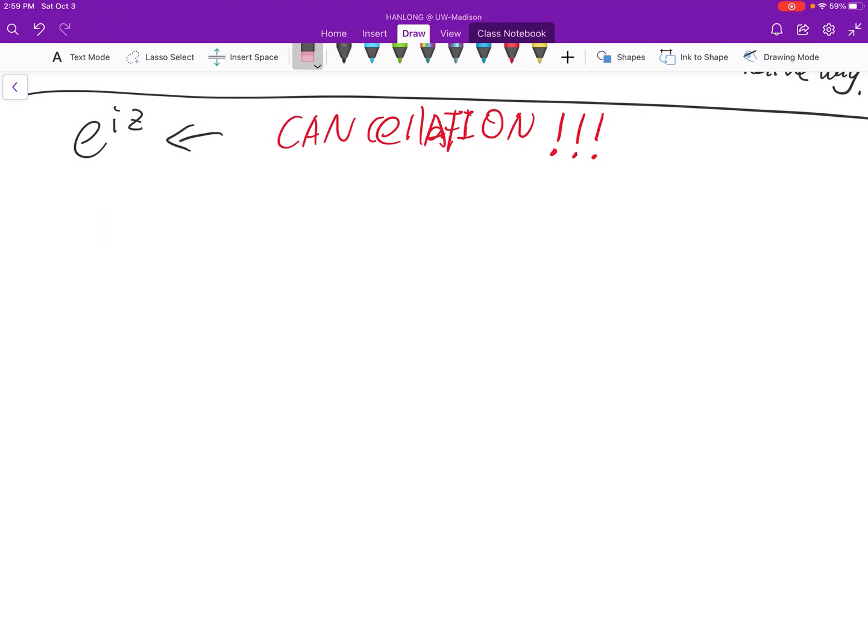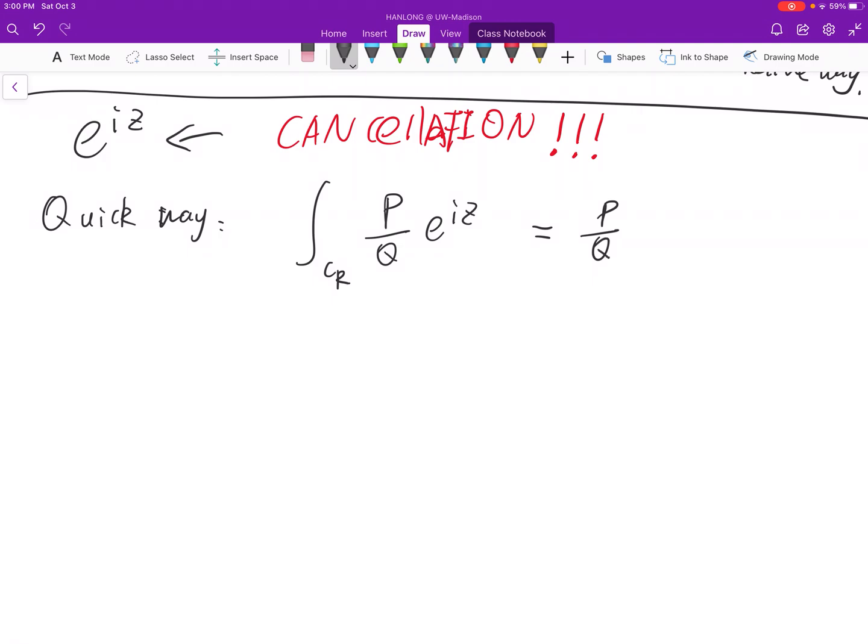Next time we will give a more detailed discussion. Quick way: p over q exponential i z, you do integration by parts. Exponential i z over i minus the differential of p over q times exponential i z, still over the same loop, negative R to R.